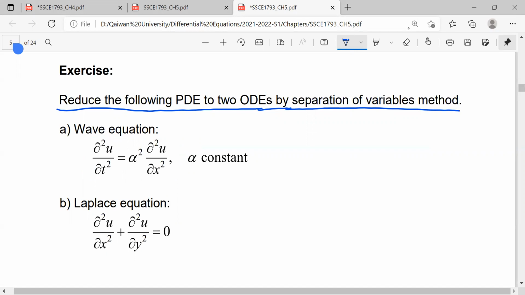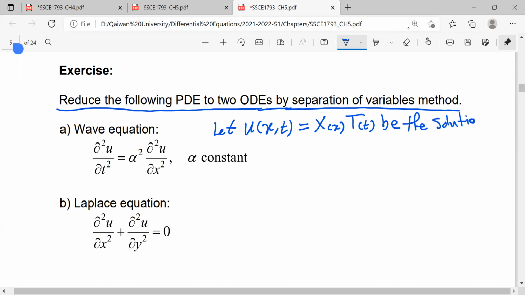We let u of x and t, which equals X of x times T of t, be the solution of the partial differential equation. If u is to be the solution, it must satisfy the partial differential equation.